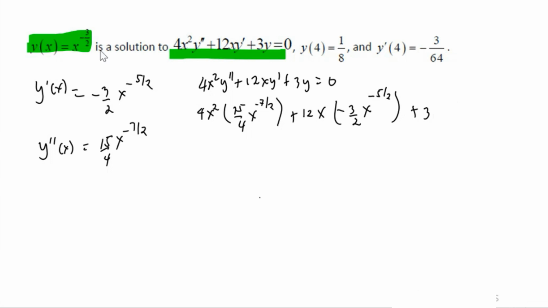The value of y now is coming from the given equation. So that is now 3 times x to the power of negative 3 over 2. So is equal to 0.